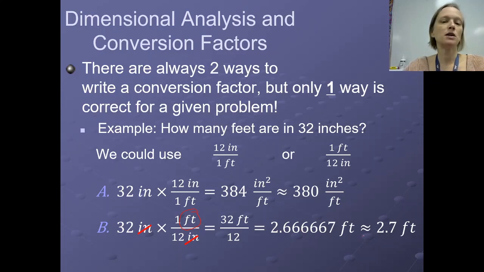When I round off to 2 sig figs, that's 2.7 feet. And notice those units make a lot more sense. Those were the units I wanted. Okay? So when we look at dimensional analysis, we're going to make sure we've got the conversion factor in the right orientation that lets the old units cancel out. We want the old units to cancel out.